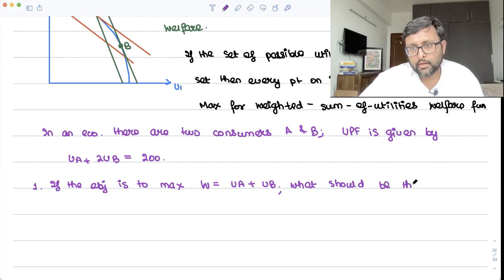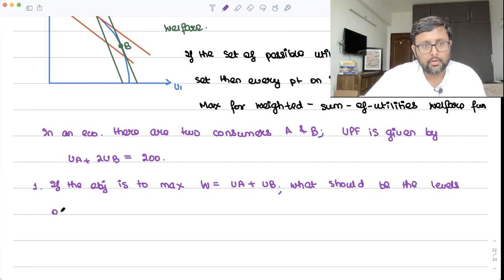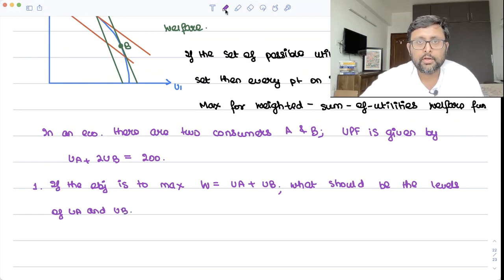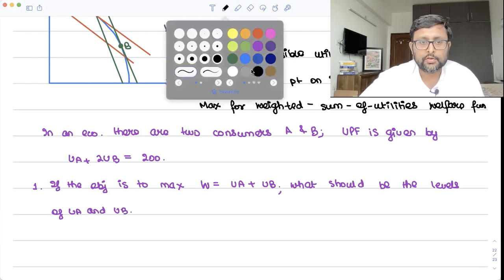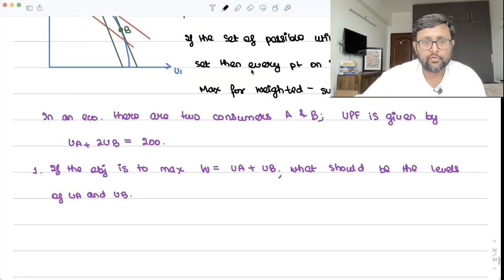What should be the levels of UA and UB? That's the first part. That's simple. So let me just draw, first of all, the utility possibility frontier.